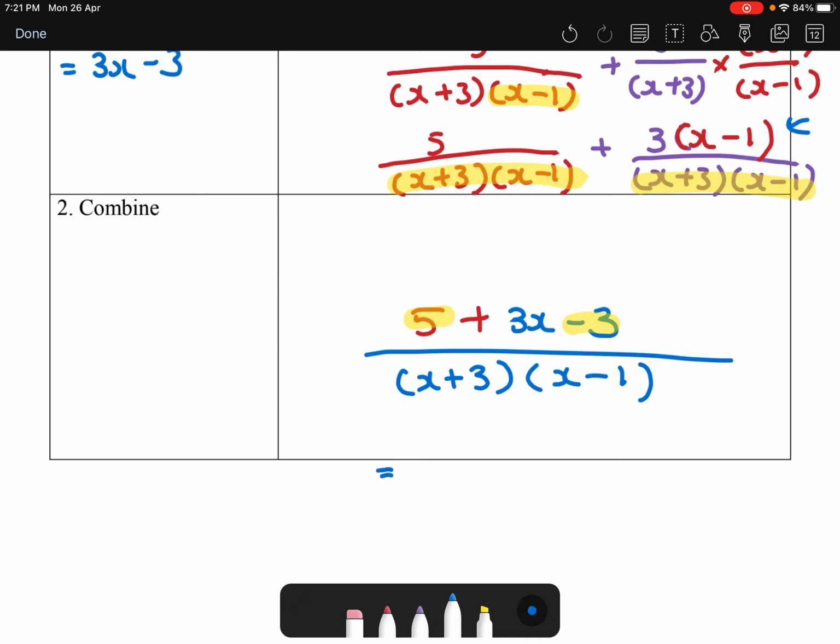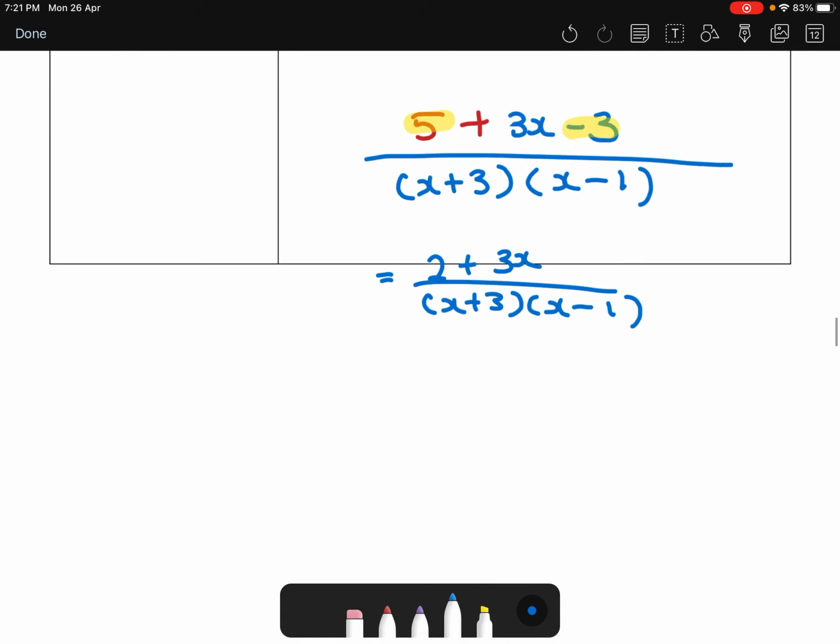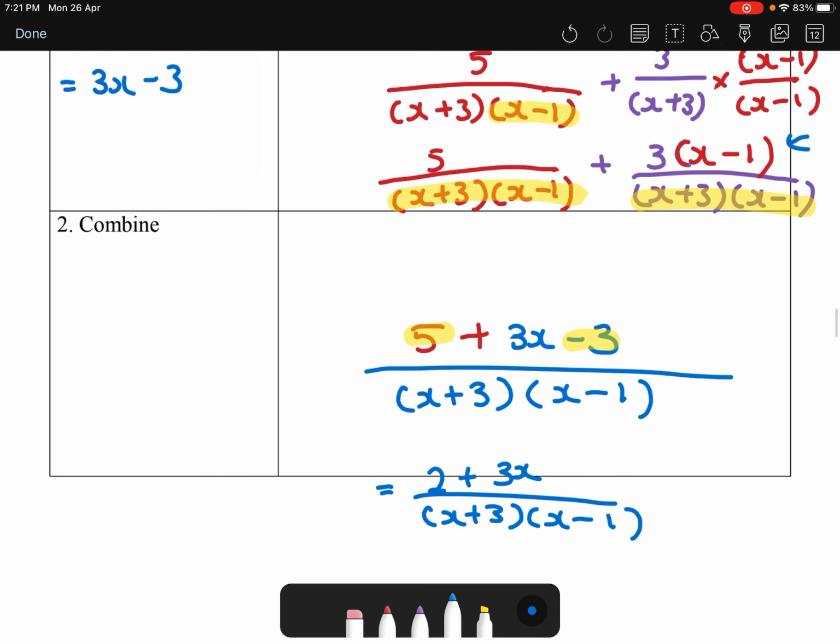So 2 plus 3x over x plus 3, x minus 1. Alright, so this is how you do this type of case number 4. Okay, alright, so we are done.